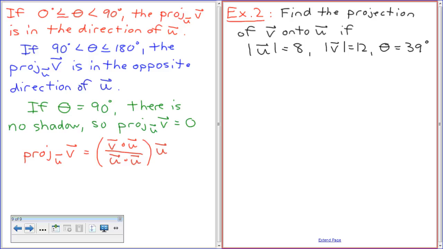Matt, can you recite from memory or from your paper, please, the equation for the projection of V onto U? Go ahead. So it's V dot U over V dot U times U. Now remember, this whole thing is going to be a number, right?